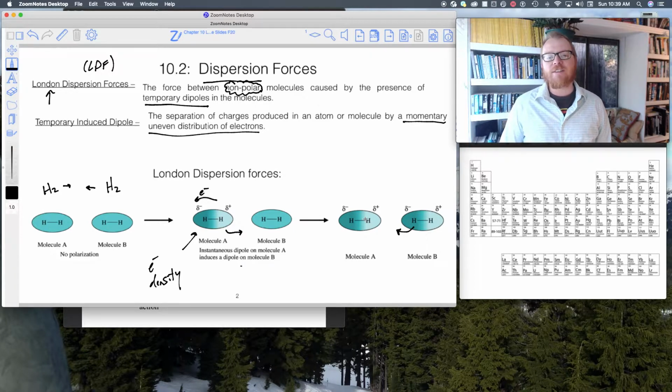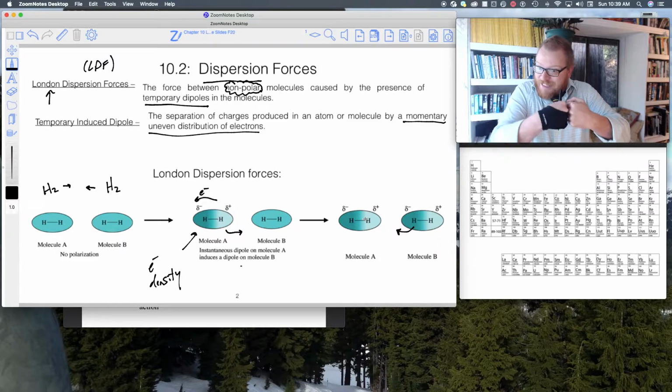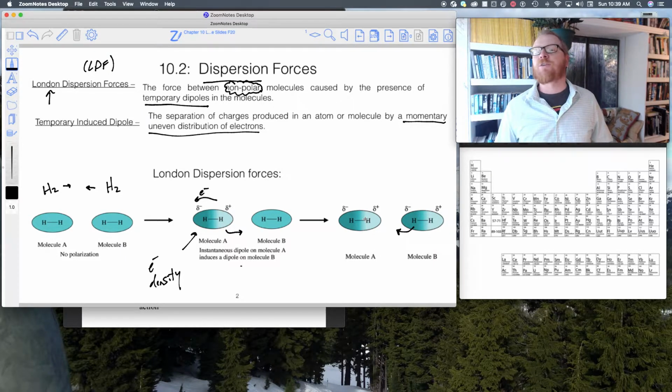And so this is not so important in gases. However, in liquids, in non-polar liquids, right, there has to be some kind of glue holding those molecules together in the liquid phase. And it's these London dispersion forces, where as they get close to each other, they can induce these temporary dipole moments, okay?